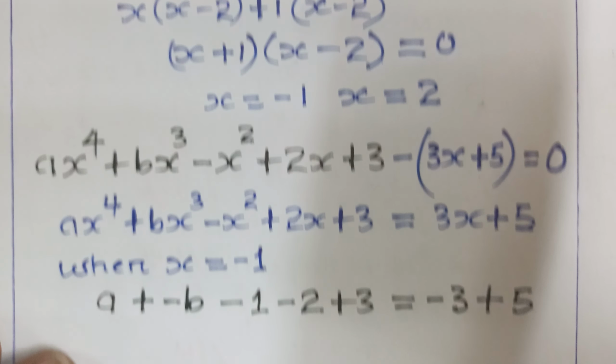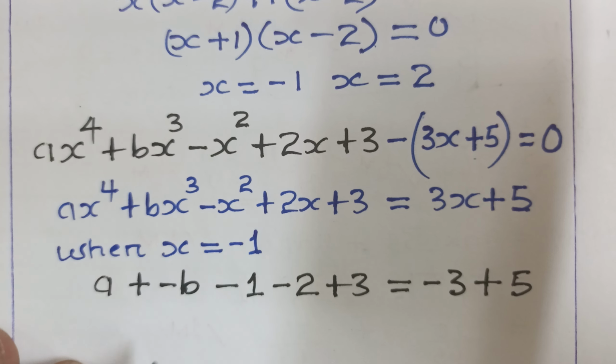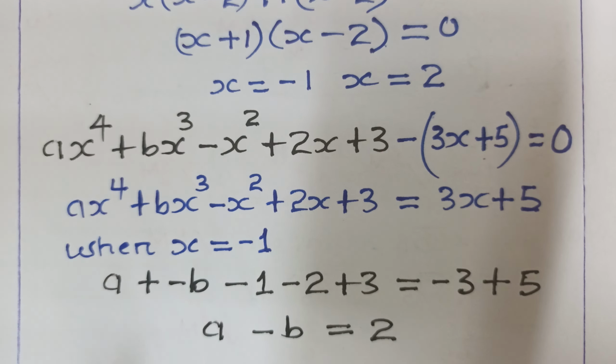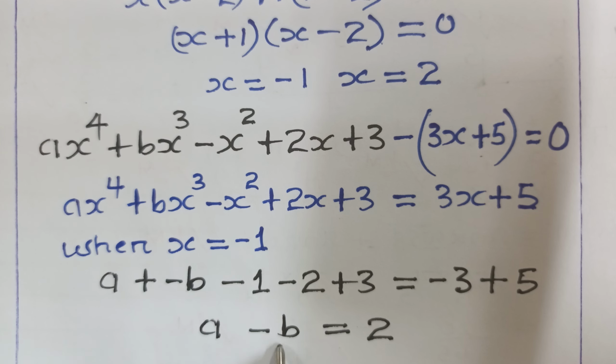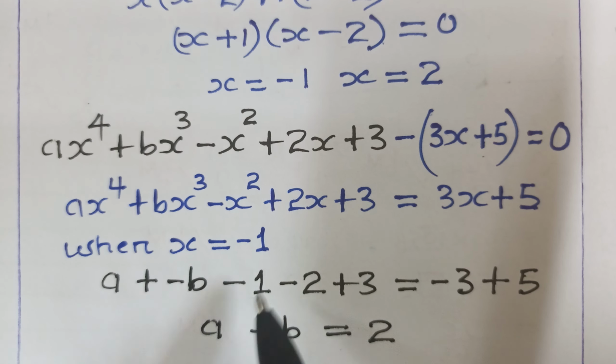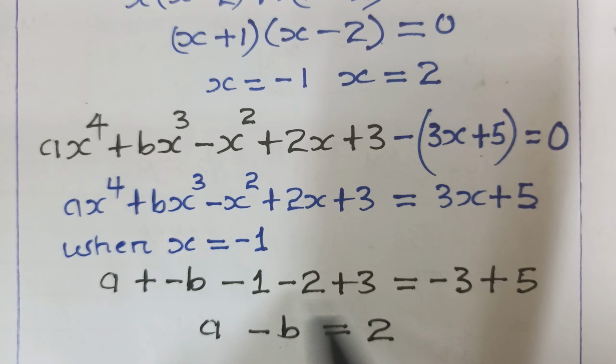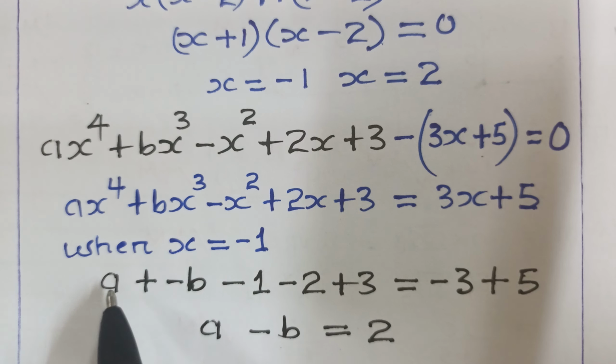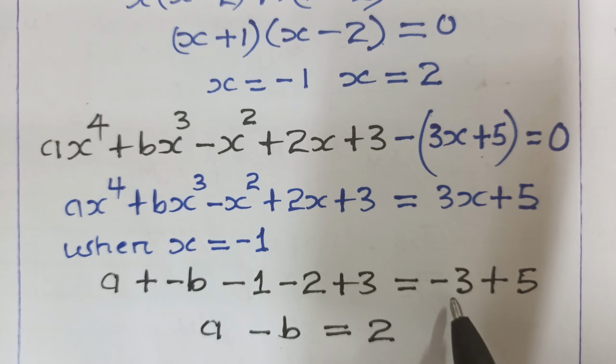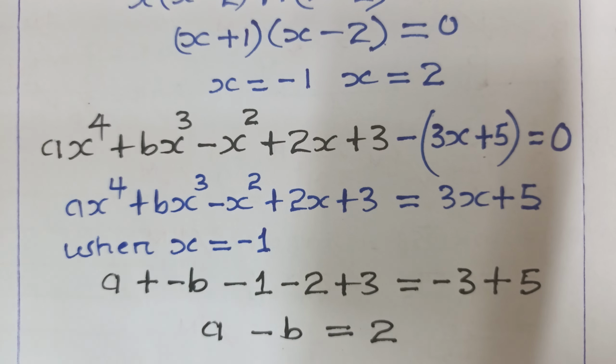So therefore a - b = 2, because -1 - 2 + 3 is 0, and negative 3 plus 5 is 2.